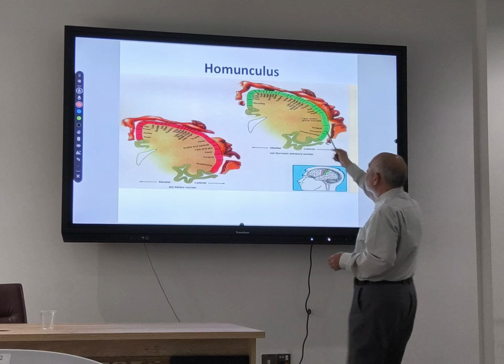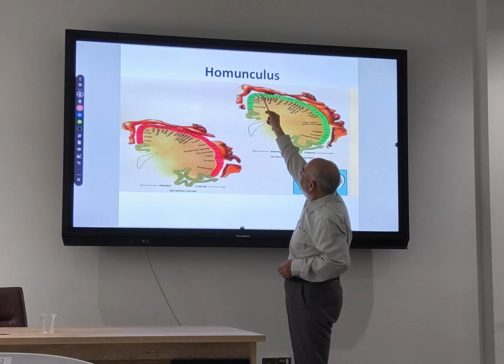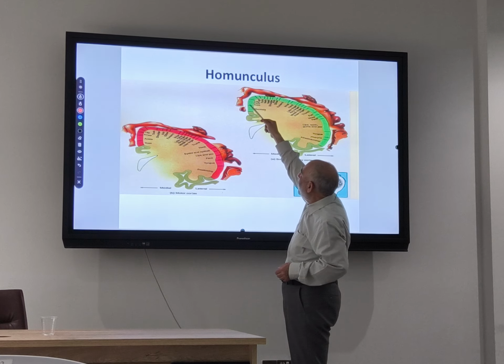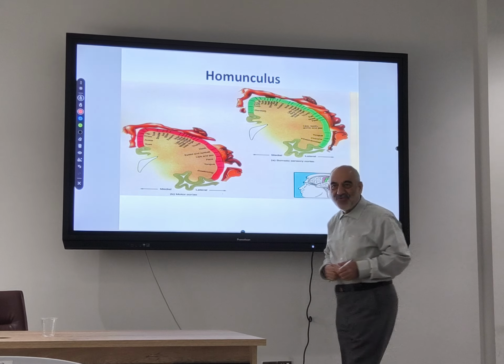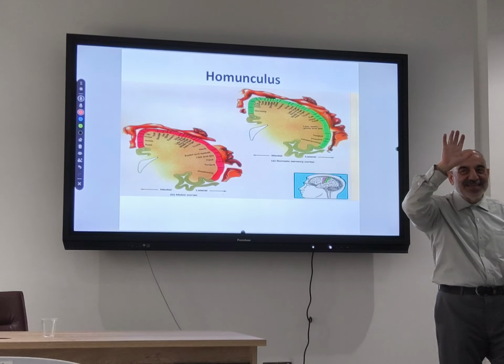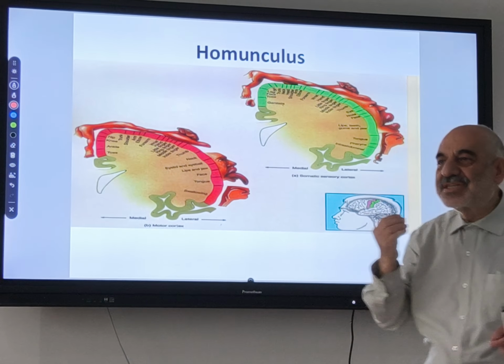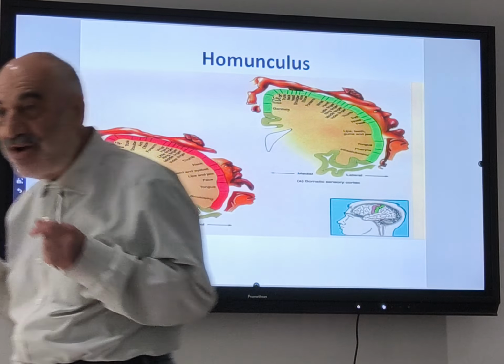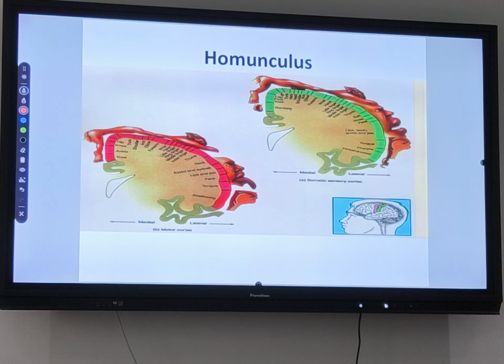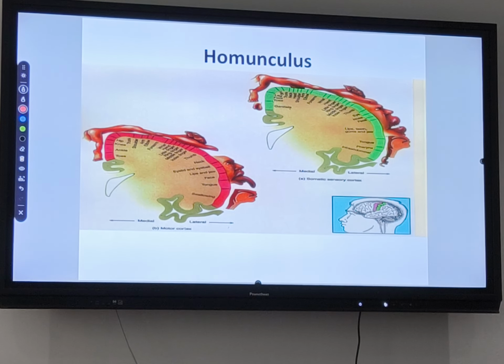But the other part is for the trunk and for the foot. Why? Because these sections are designed for fine movement. Fine expression is very important.